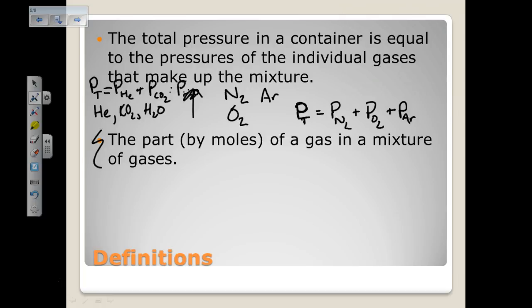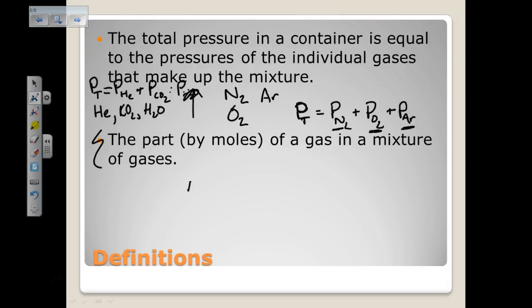And now, in order to do the mole fraction, we can take how many moles of something there is. So again, if we have air that's a combination of nitrogen, oxygen, argon, and other things, we can calculate how many moles there are and put that over the total moles.